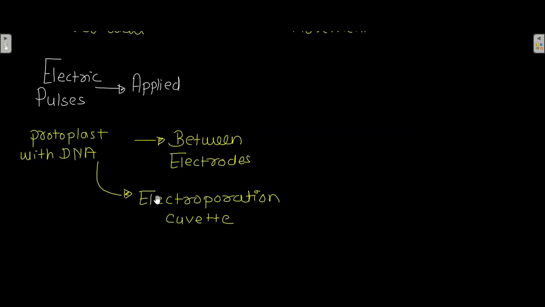Okay, so how does this process work? Well, there is an electroporation cuvette. In that you have protoplast with DNA, and that is placed between the electrodes, and then electric current is applied, and that is how electric pulses are applied to the protoplast with DNA in the cuvette.